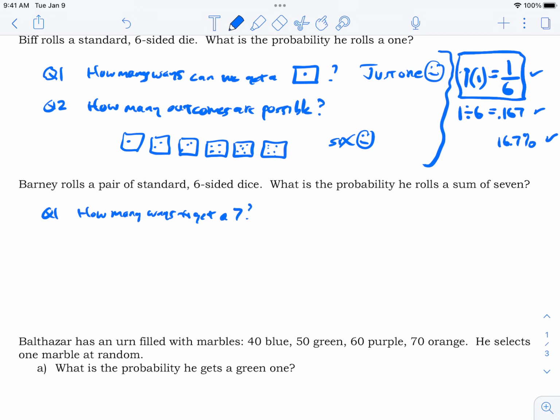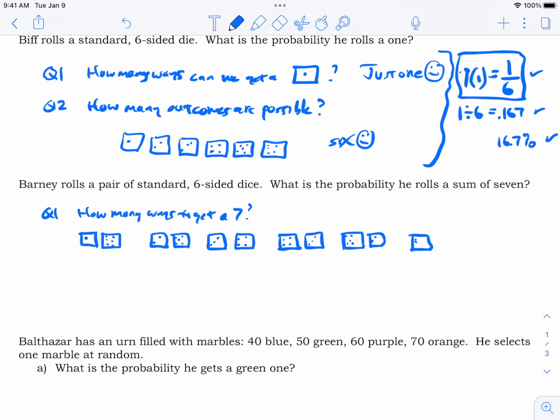So you have to think in terms of, well, how would the dice add up to 7? It could be that I got a 1 and then a 6. Or maybe I got a 2 and then a 5. Or maybe I got a 3 and then a 4. Or maybe I first got a 4 and then I got a 3. That's different, right? Each dice is doing something different here. Or maybe I got a 5 first and then a 2.